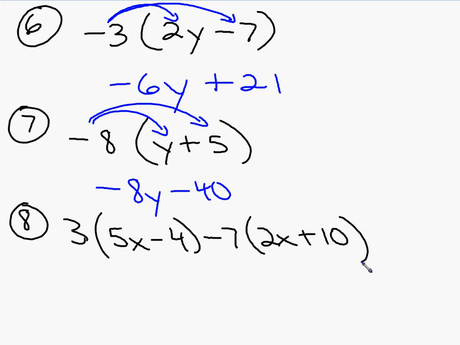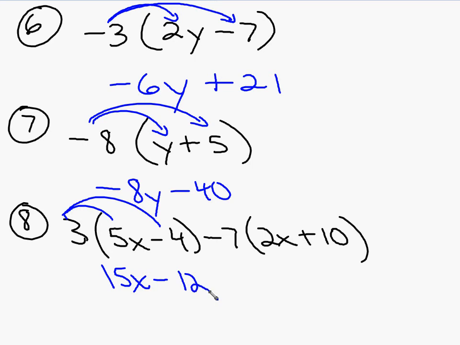This is kind of a two-part distributive property problem. It's all written in one sentence, but we do it in two pieces. So watch carefully. Even though it's written all in one, we work with each one separately. First, 3 times 5 is 15x. And then 3 times 4 is 12, so this will be minus 12.